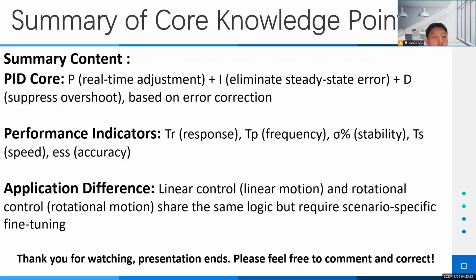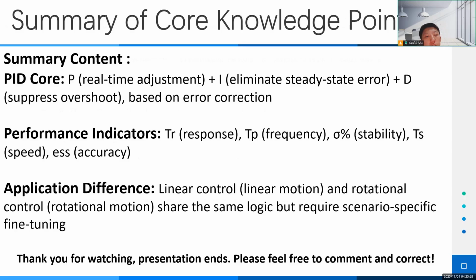To wrap up, let's remember the key points. First, PID crew: P adjusts in real time, I eliminates steady state error, D suppresses overshoot. All three work by correcting errors.